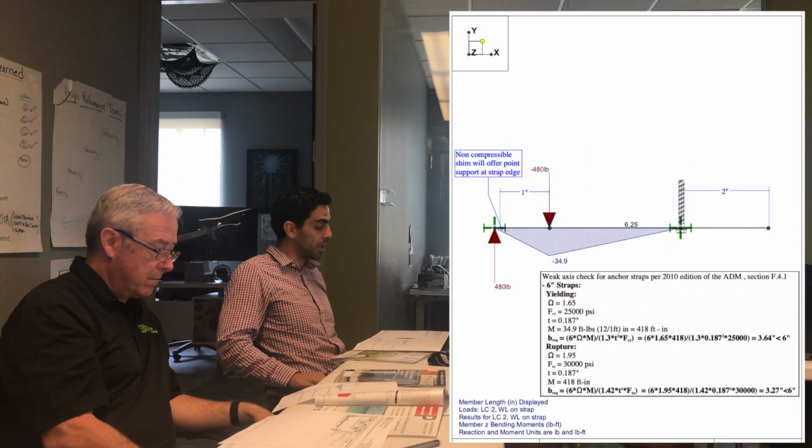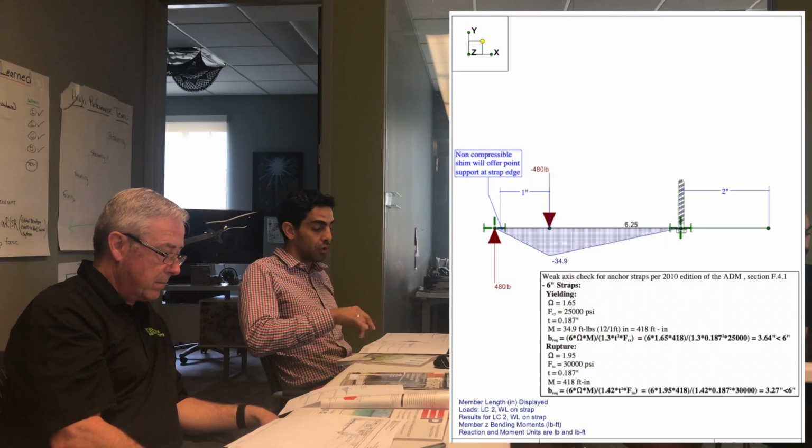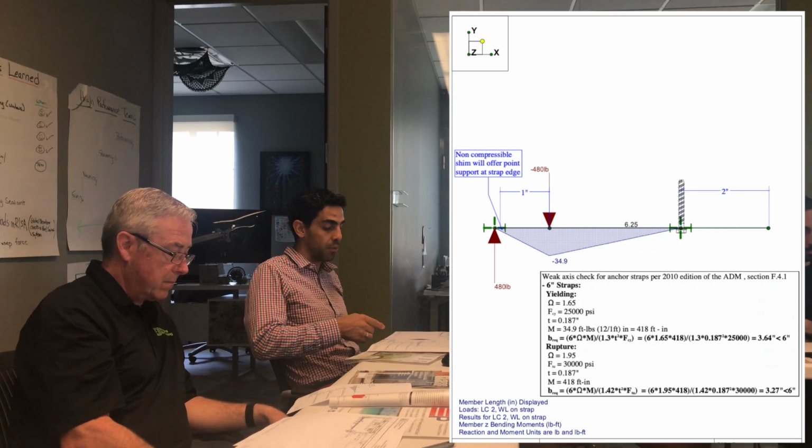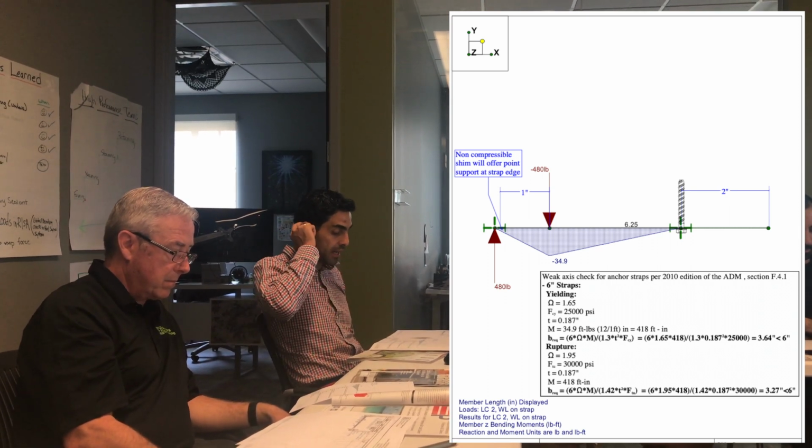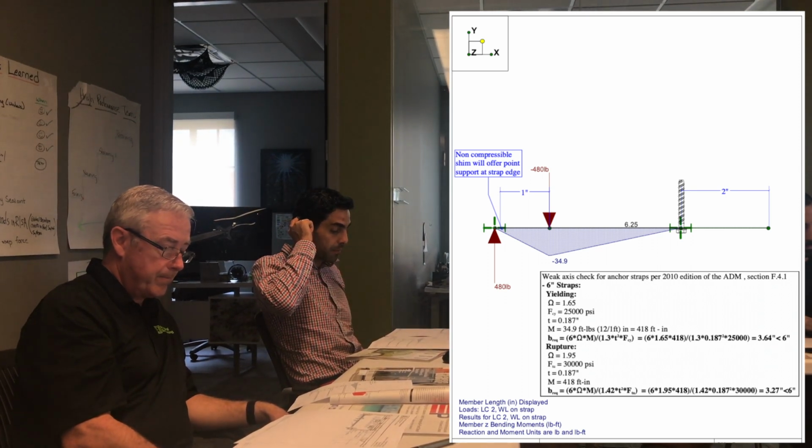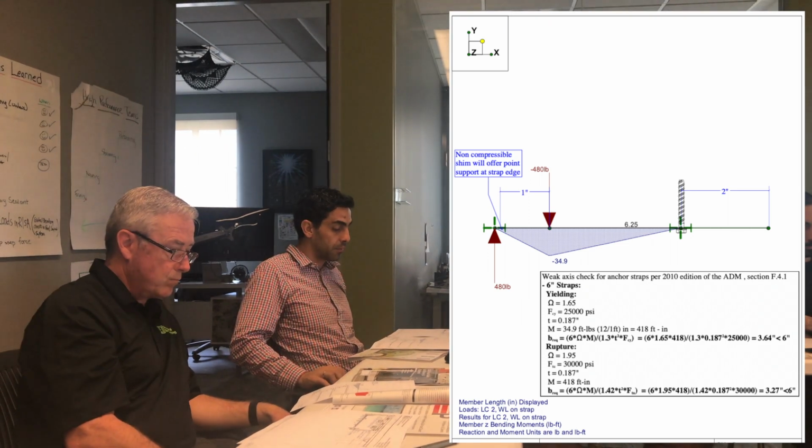So on the RISA model you could see that left support location being a point support. Then you apply those 480 pound loads on your RISA model and come up with that moment of 34.9 foot-pounds of critical moment.